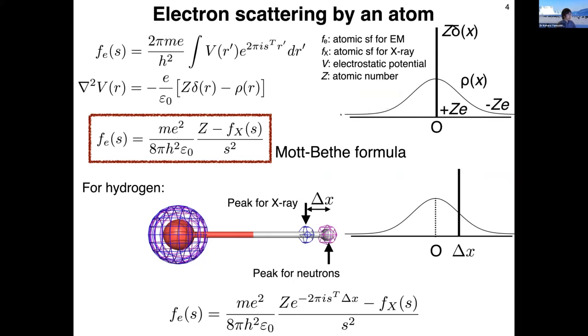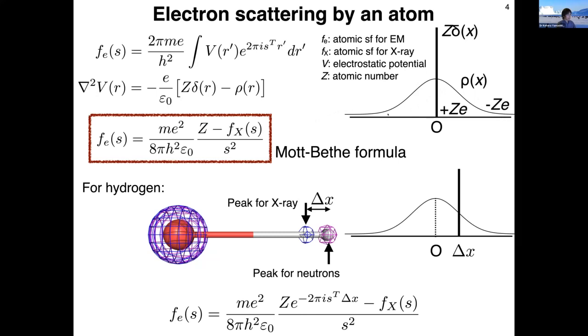So the atomic scattering factor for electrons can be described by this Mott-Bethe formula, where Z is the atomic number or nucleus charge, because the nucleus is a point scatterer described by a delta function, minus Fx. Fx is the atomic scattering factor for X-rays, that is, a Fourier transform of electron density.